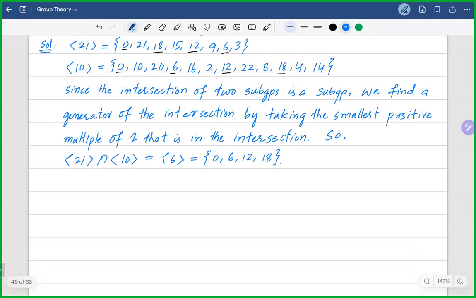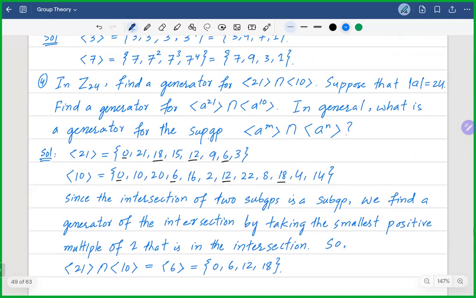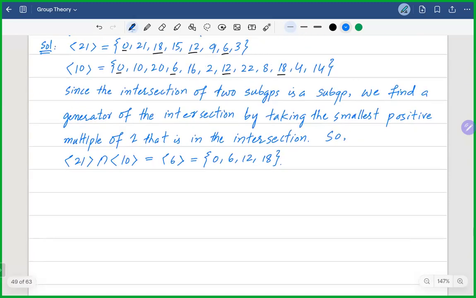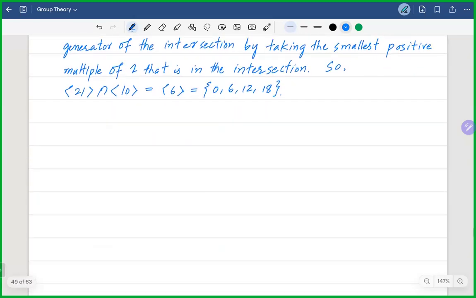Okay. Now similarly, for the second part, when the order of A is 24, and you need to find a generator for the intersection of the sets generated by A^21 and A^18, you would get what?